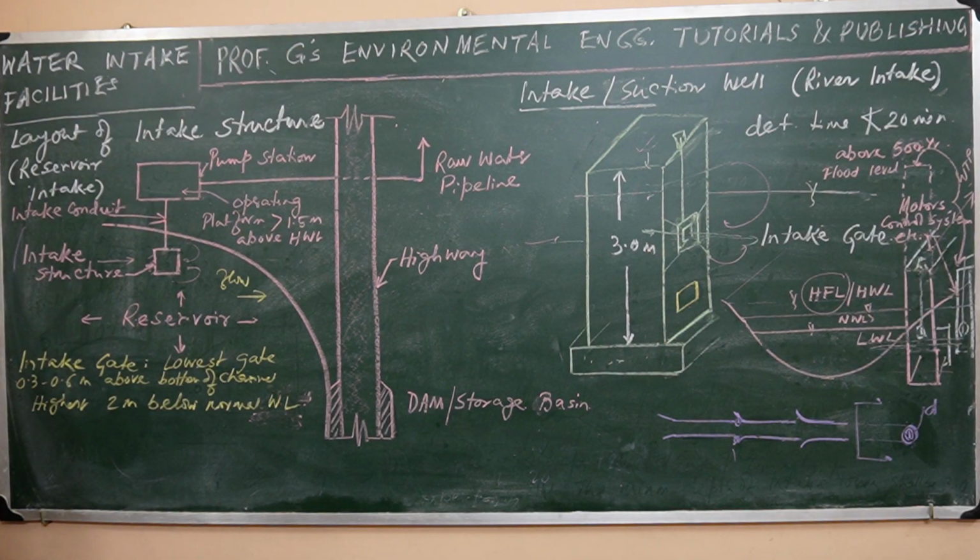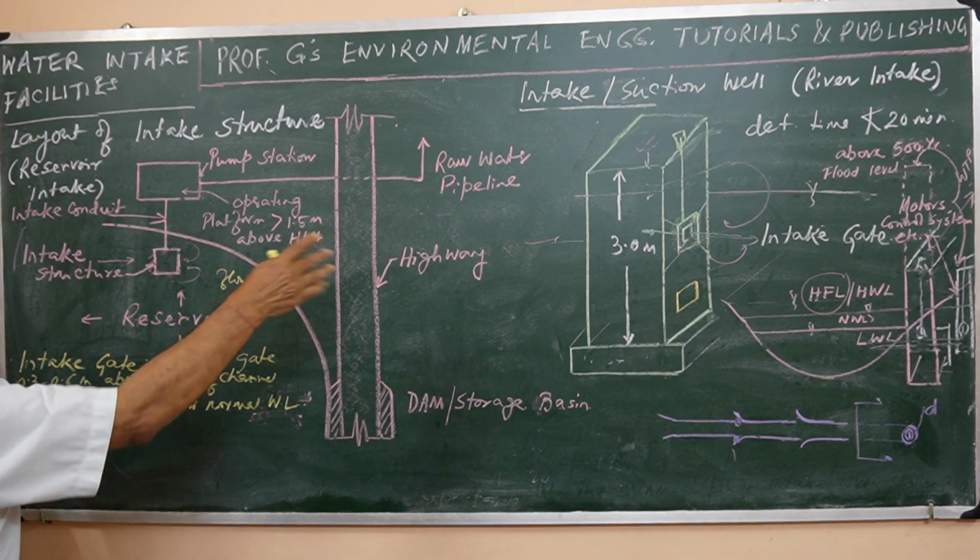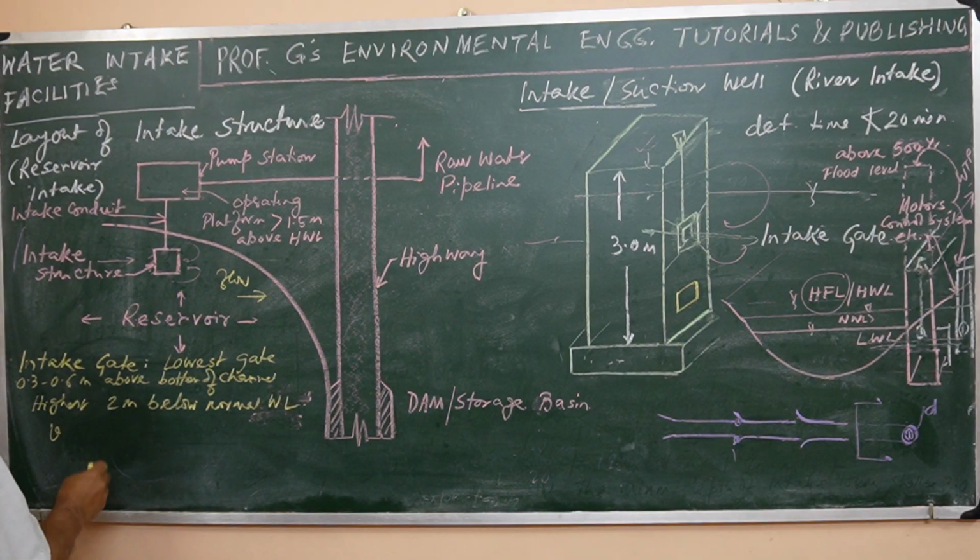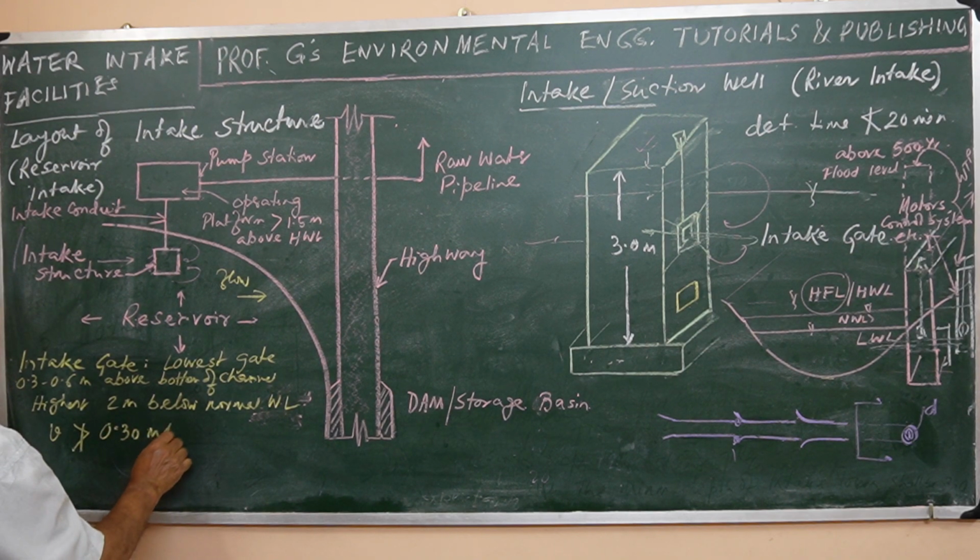Now the velocity through the gate, based on the gross area of the ports, should not exceed 0.3 meter per second.